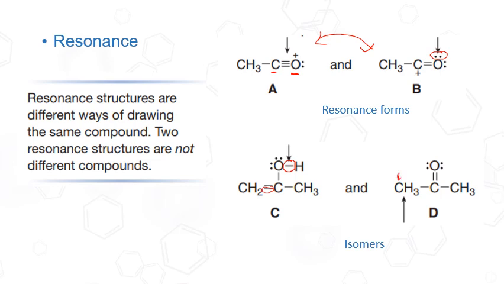Because the atoms are differently attached, we call them isomers. They're not resonance forms, they're different molecules. So just to emphasize, resonance forms are not isomers. They're the same compound.